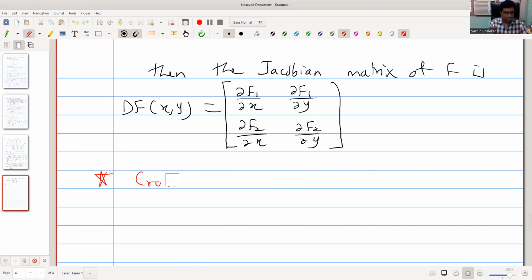Cross product of two vectors. Let us consider vectors in R3. It can be discussed for R2 also, that doesn't matter.